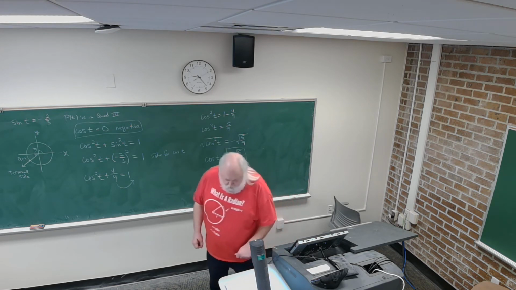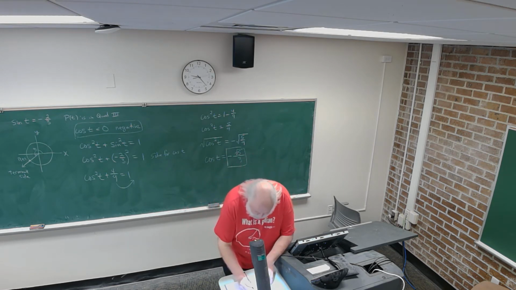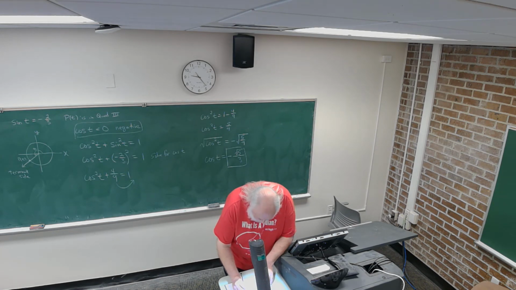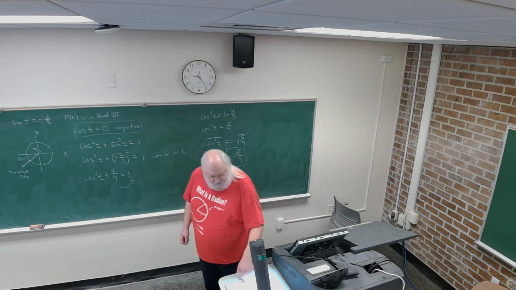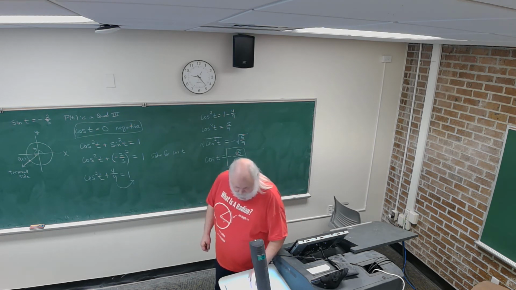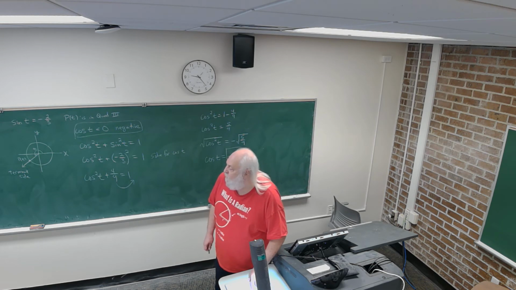So t, t plus 2 pi, and t minus 2 pi are all coterminal angles. Back in section 4.1, we said that any angles that differed by an integer multiple of 2 pi were coterminal angles.